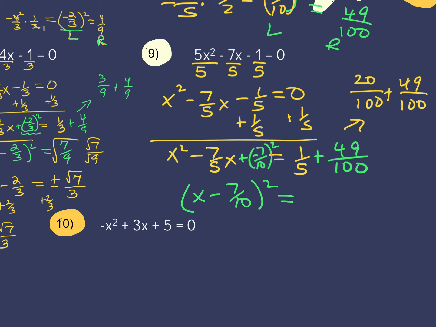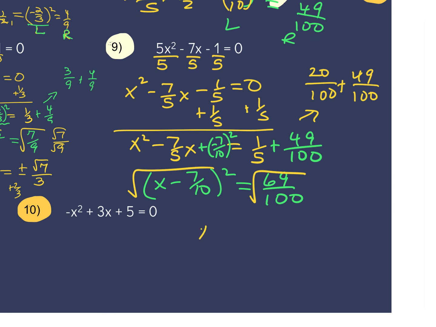And now I can add that, and I end up with 69 over 100. I now apply the square root method. And I'm left with x minus 7 over 10 is equal to plus or minus 69 over 10.